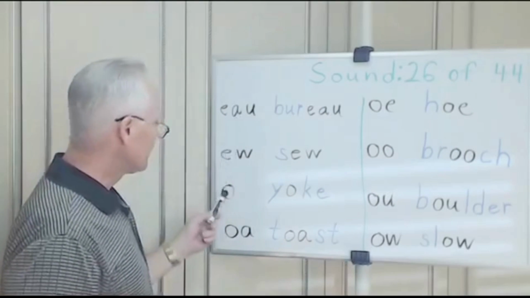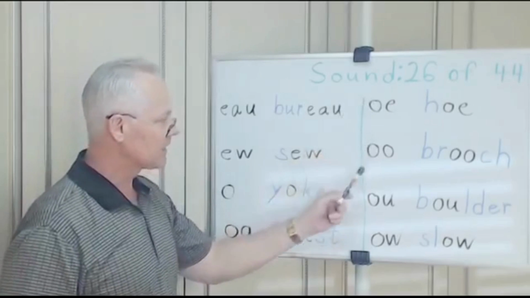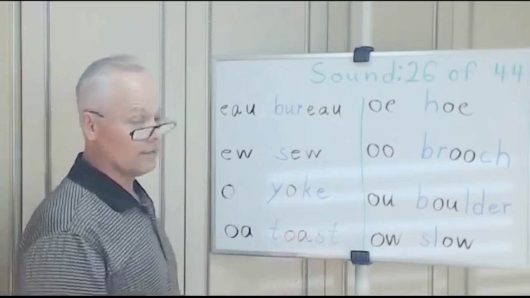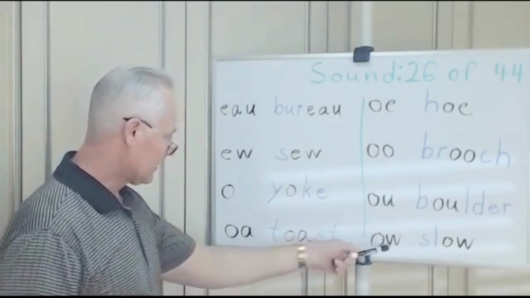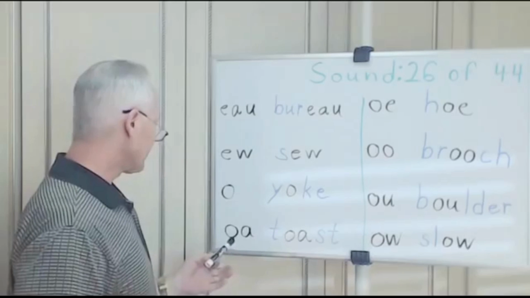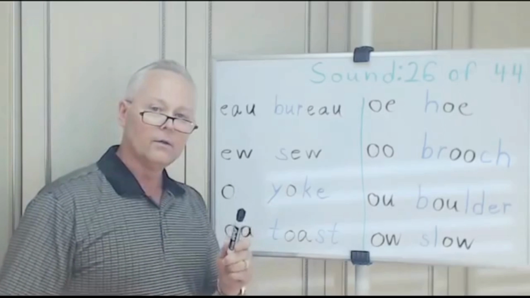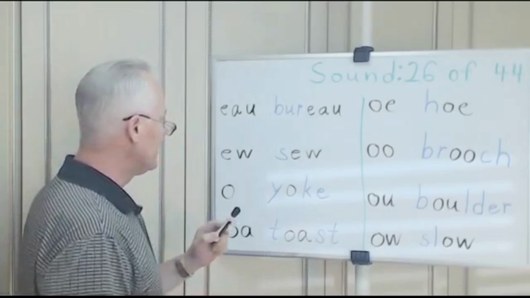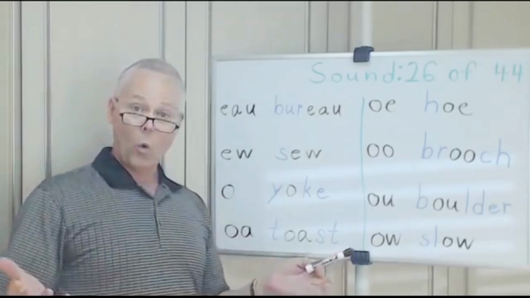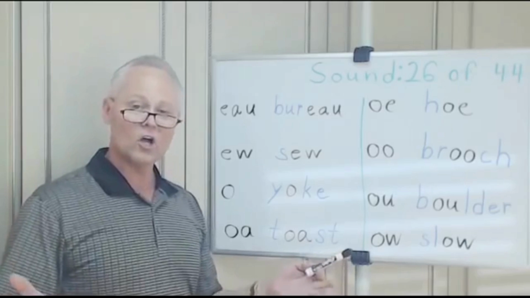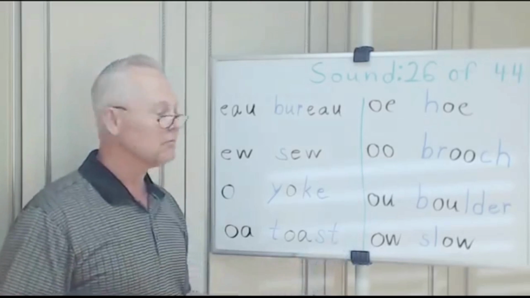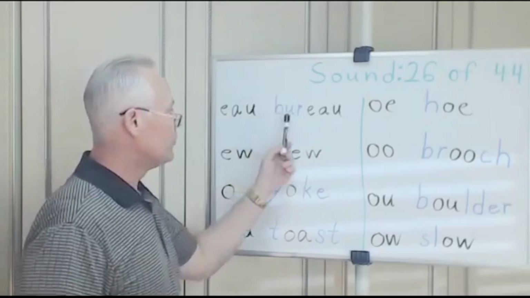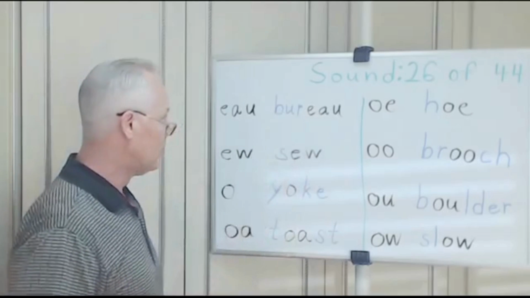We have 1, 2, 3, 4, 5, 6, 7, 8 letter combinations, most of which are vowels. As you can see, W is not. What's the sound? Could it be O? Kind of a long O sound. That's about it. We have E-A-U, bureau, a bureau.